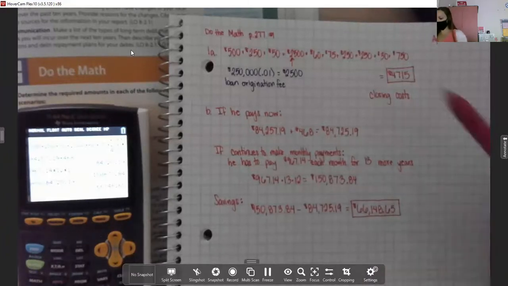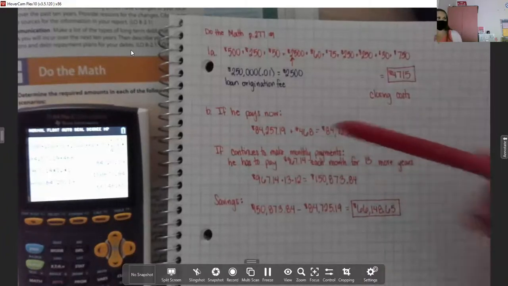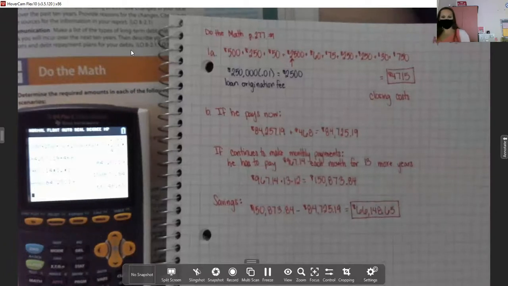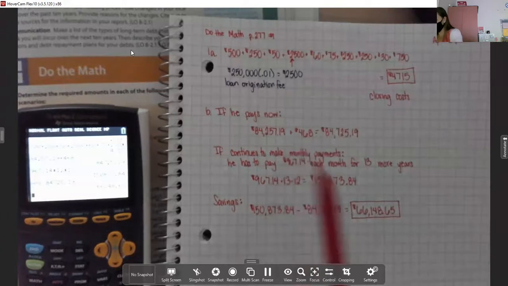So that prepayment penalty of $468 is basically nothing. So paying that almost $500 will save him $66,000.